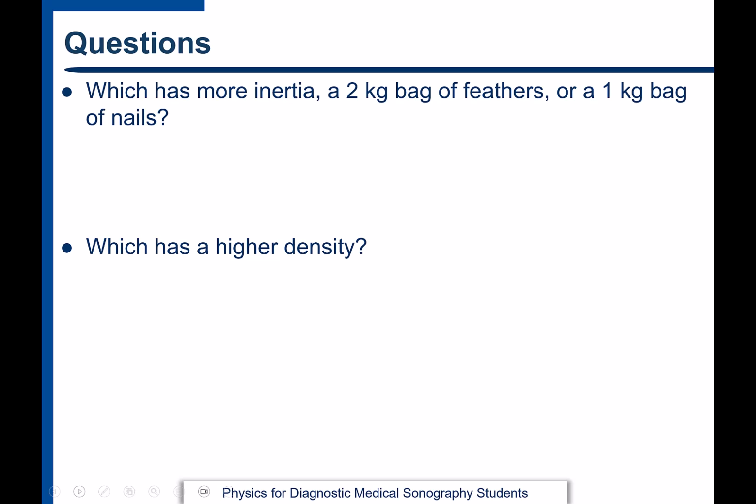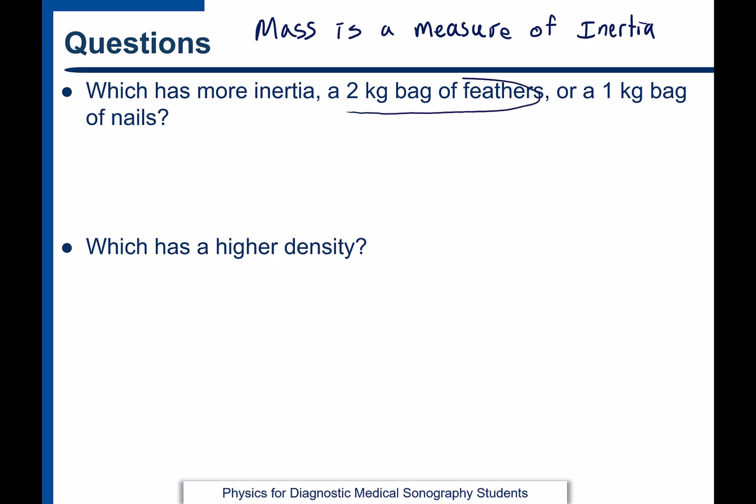Okay, so the thing that we always want to remember is mass is a measure of inertia. So to answer the question about inertia, it's just about which has more mass. So if we have a 2-kilogram bag of feathers or a 1-kilogram bag of nails, it's the 2-kilogram bag of feathers that has more inertia.